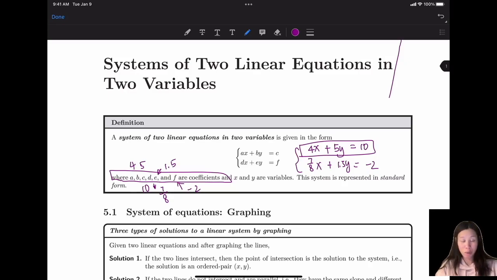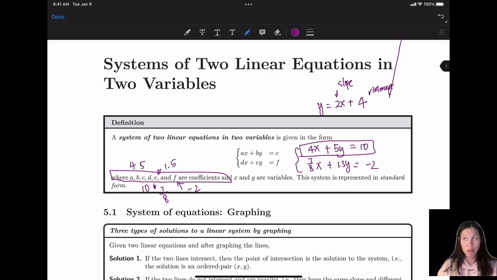We saw other forms in previous studies, such as y equals 2x plus 4. This is called slope-intercept form, right? This one represents the slope, and this is the y-intercept.